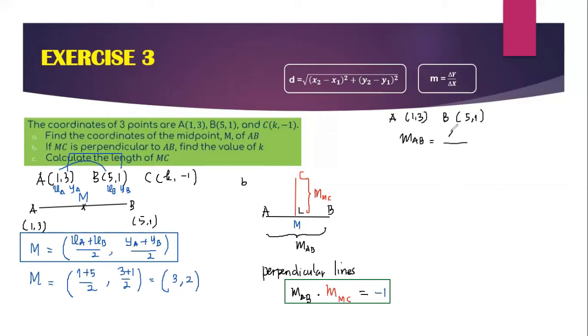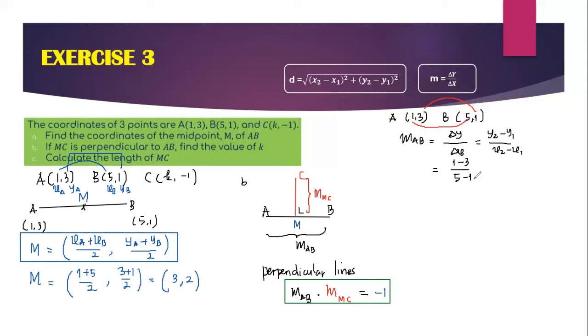Delta Y over delta X, right? Y2 minus Y1 over X2 minus X1. So equals 1 minus 3 over X2 minus X1, so we find 5 minus 1.